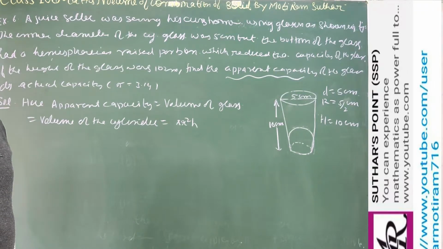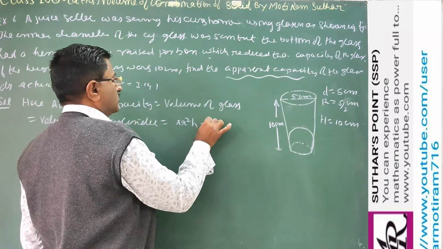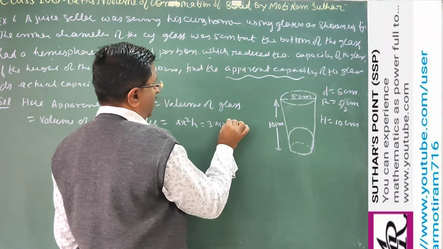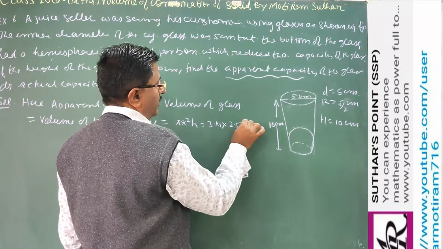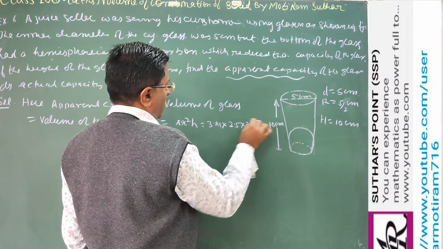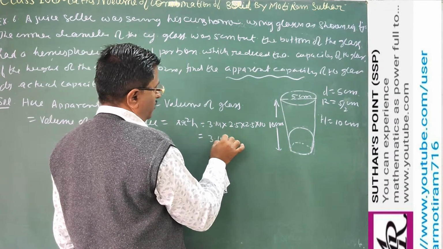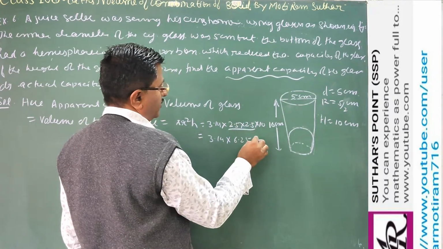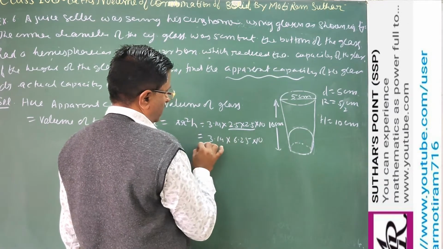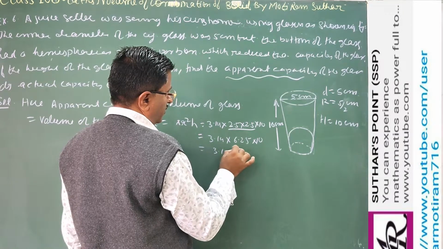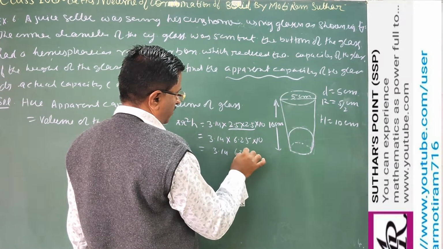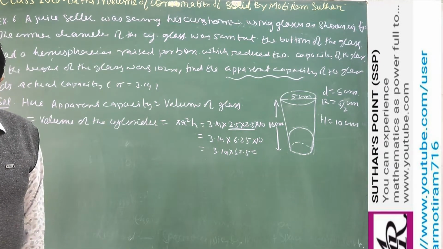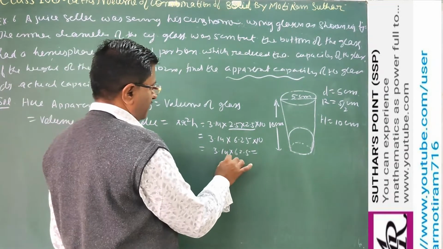Now say use pi as 3.14. So 3.14, and diameter is given 5, radius will be 5 by 2, that is 2.5 into 2.5, and height is 10. So 3.14 into 6.25 multiplied by 10, or 3.14 into 62.5. So 3.14 multiplied with 62.5 gives you 196.